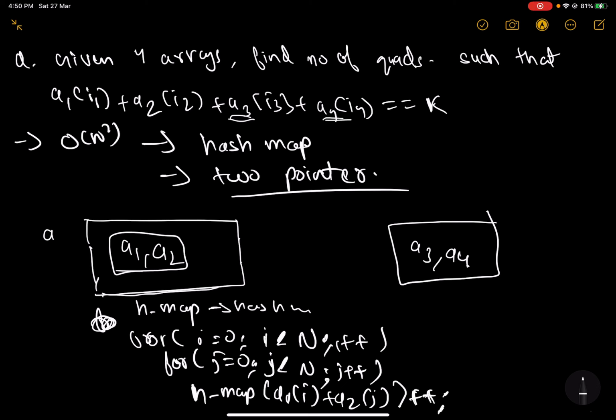This is going to store the frequency, the number of occurrences of a1[i] plus a2[j] in the hash map. So this is part 1.